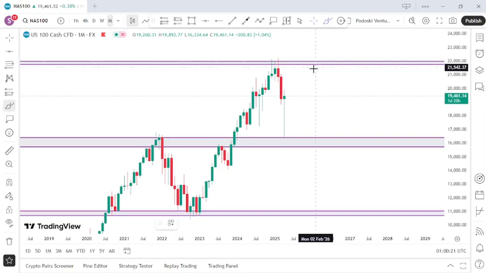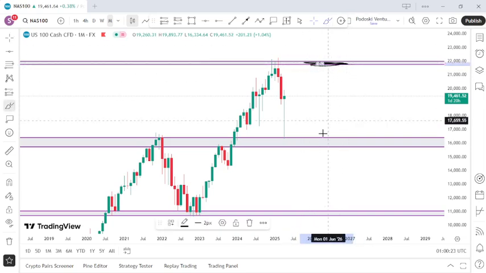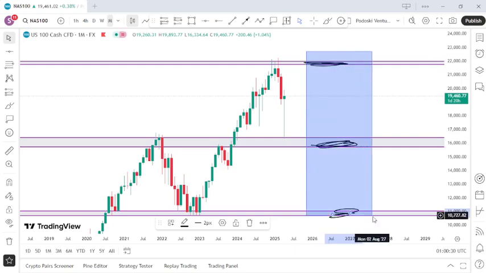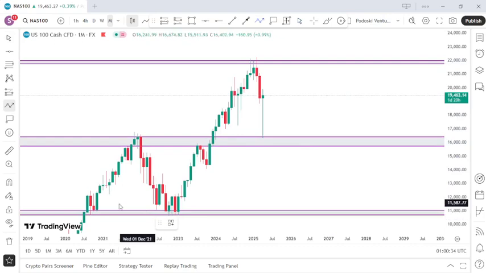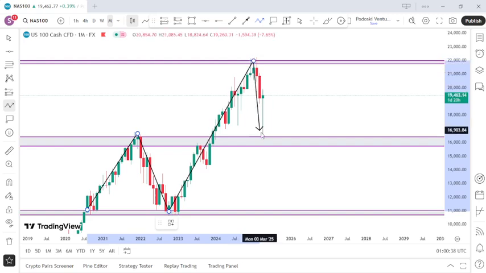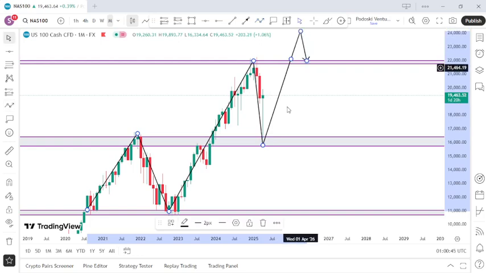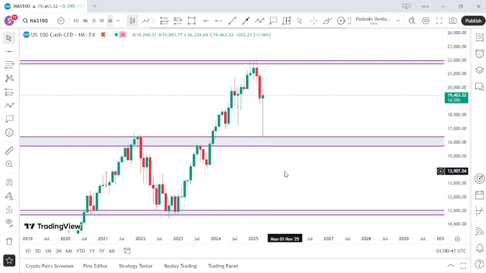I have my monthly upper zone here, monthly midway zone, and my monthly lower zone. And on the monthly time frame, we see a bullish market, a series of higher high, higher low, new higher high, higher low. You should be expecting another higher high before the higher low comes in, then continues in that manner.